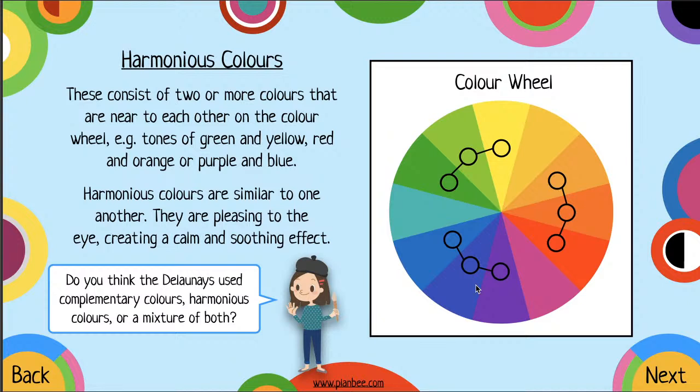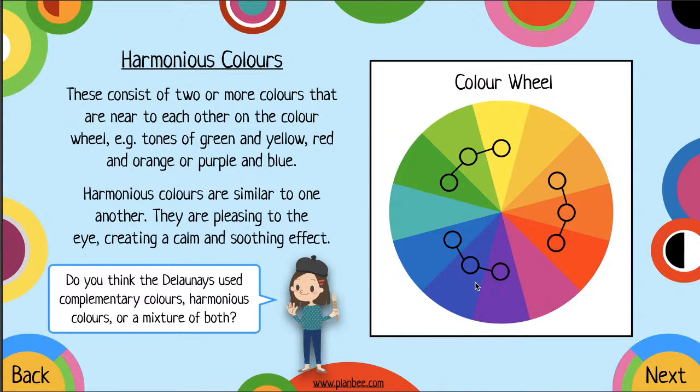Harmonious colours consist of two or more colours that are near to each other on the colour wheel. For example, tones of green and yellow, red and orange, or purple and blue. And harmonious colours are similar to one another. They are pleasing to the eye and create a calm, soothing effect.